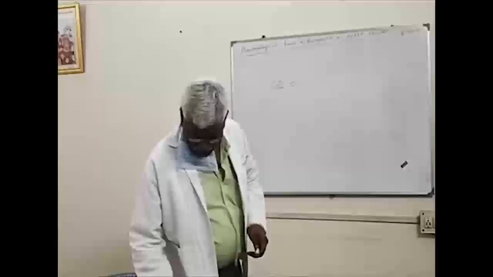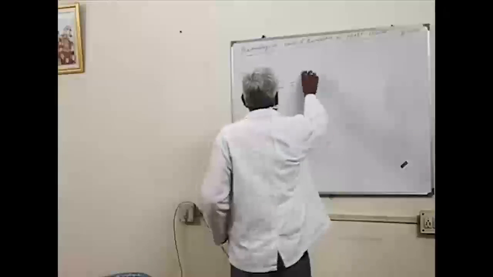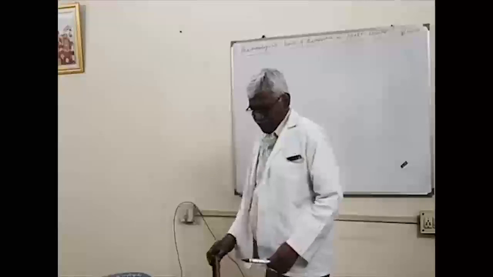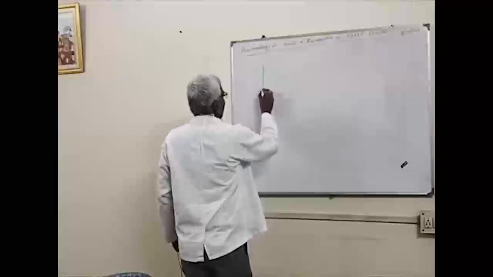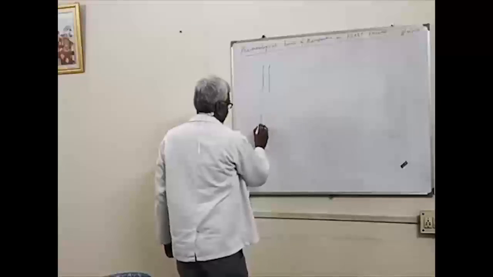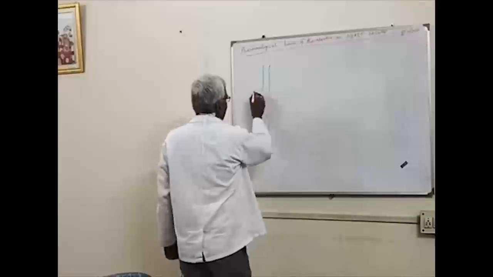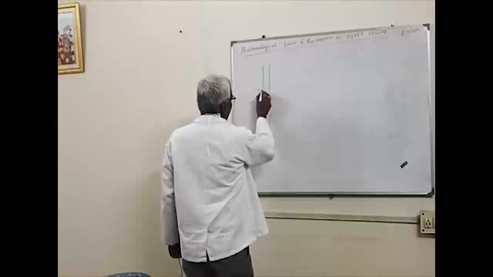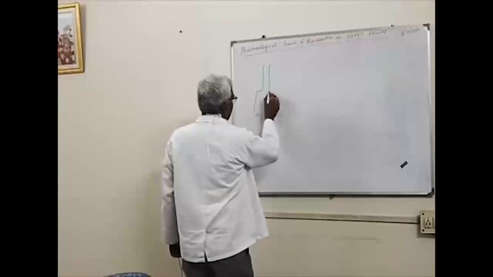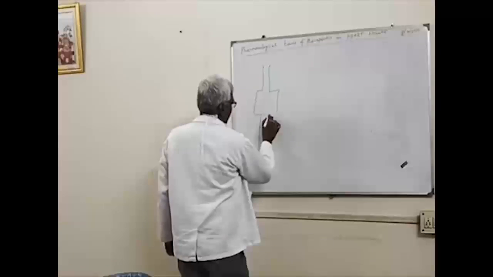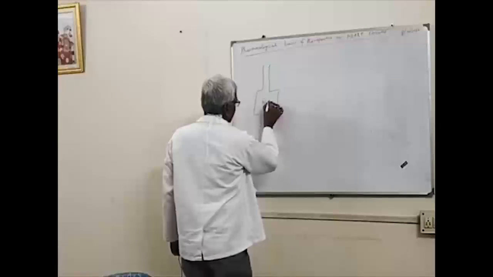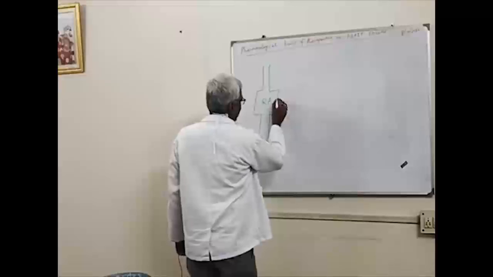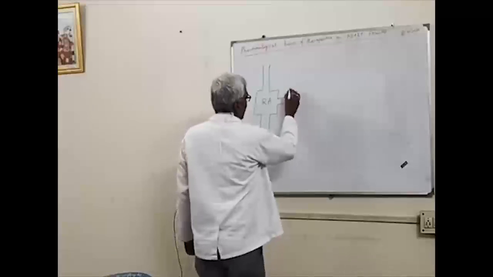Now we look into the circulation of the heart. Normally, there is the superior vena cava and the inferior vena cava, and these two drain into the right atrium. From the right atrium, the blood goes to the right ventricle.